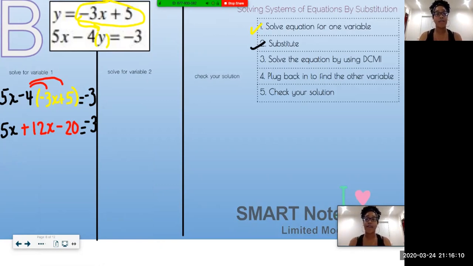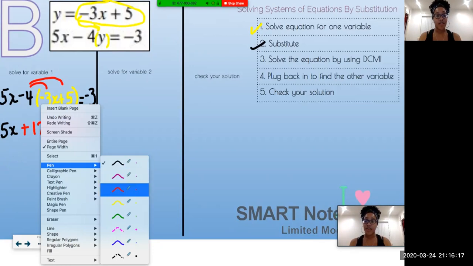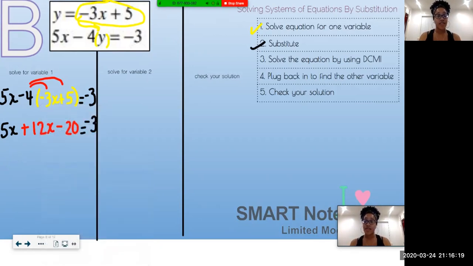I distributed, now I need to look to see, can I combine like terms? So is there anything on the left-hand side of this equation that has like terms? Yes. 5x and 12x, those are like terms. They both have the x. So 5 plus 12 is 17. And so that's 17x.